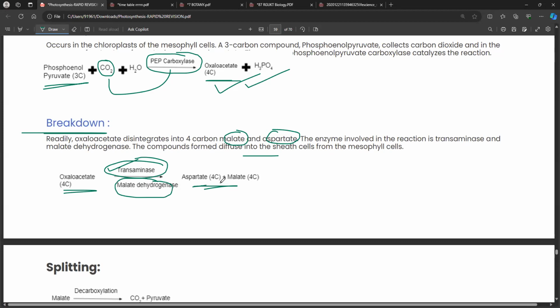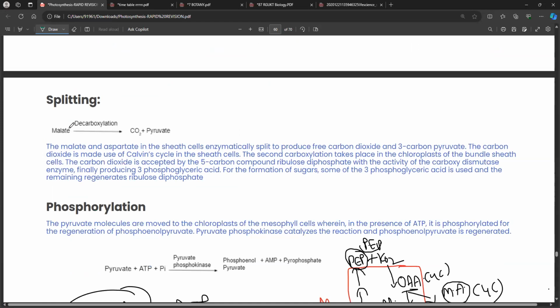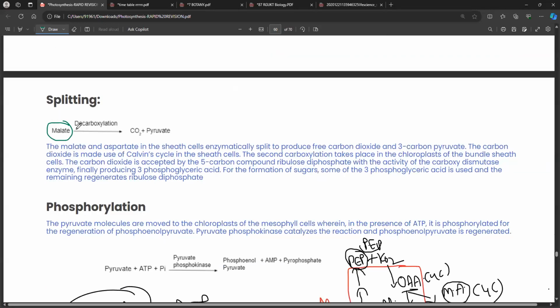They convert it into aspartate and malate. Now all the students follow me. This aspartate cannot enter into the bundle sheath cell. So who can enter? Malate can enter. Malate is how many carbon? 4 carbon. So malate successfully enters into the bundle sheath.